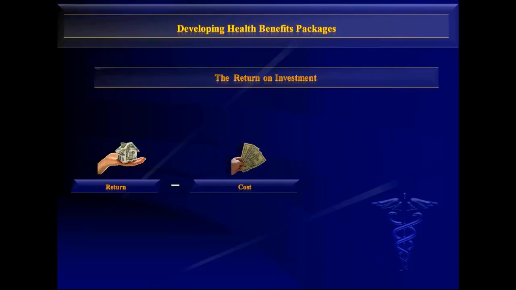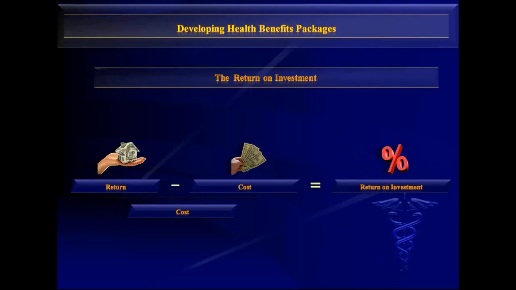How much is that piece of property worth? So there's the cost, and then the value of the property, the return. How much money is in their bank now because they have that piece of property? We go ahead and divide the return less the cost, divided by the cost, and that will give us the percentage, the return on investment.